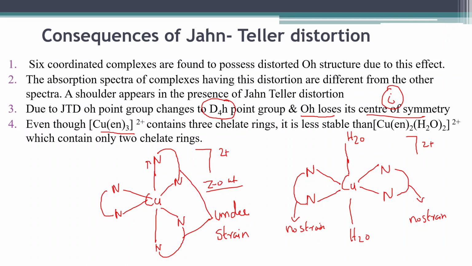When it comes to the complex containing two chelate rings, there will be no strain, because on the z axis H2O ligands are present, and just the H2O ligands will have a longer bond length, and there will be no strain imposed on the chelate rings, so we can say that this complex will be more stable than the complex with three chelate rings.